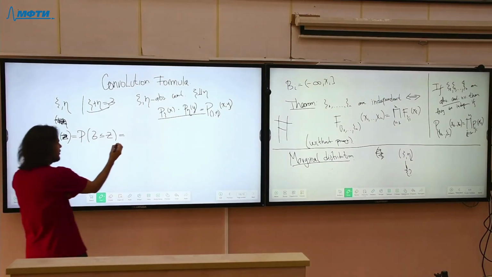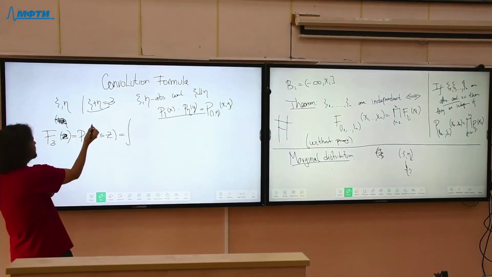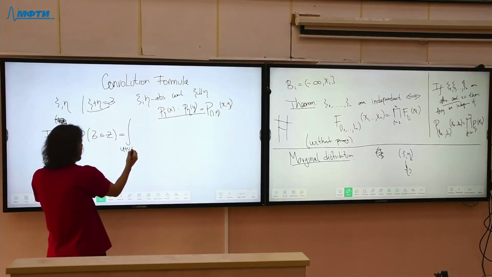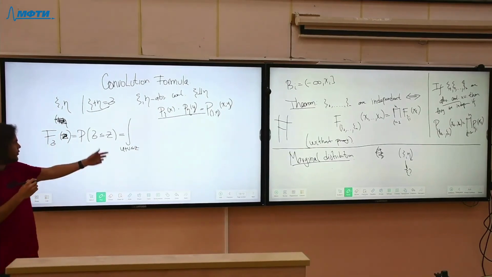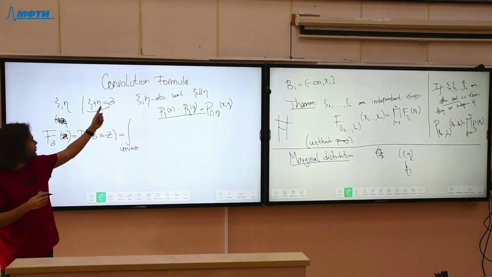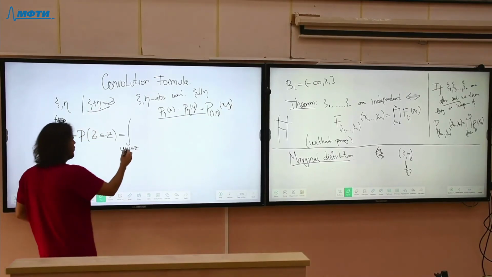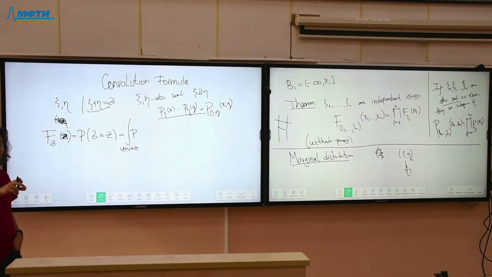So this is the integral over all such values u plus v, such that they are less or equal than Z, where u is for psi and v is for theta, of the joint PDF.